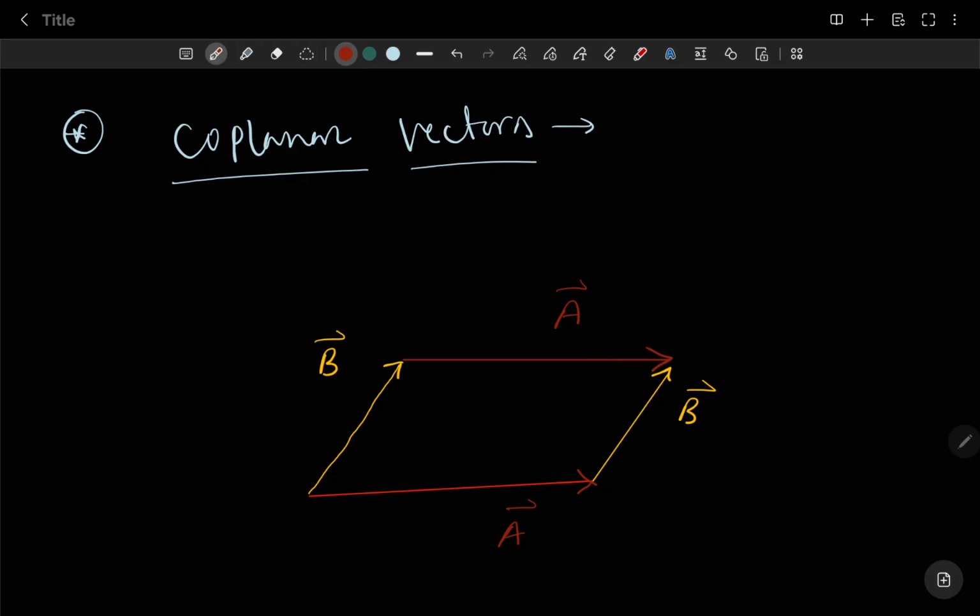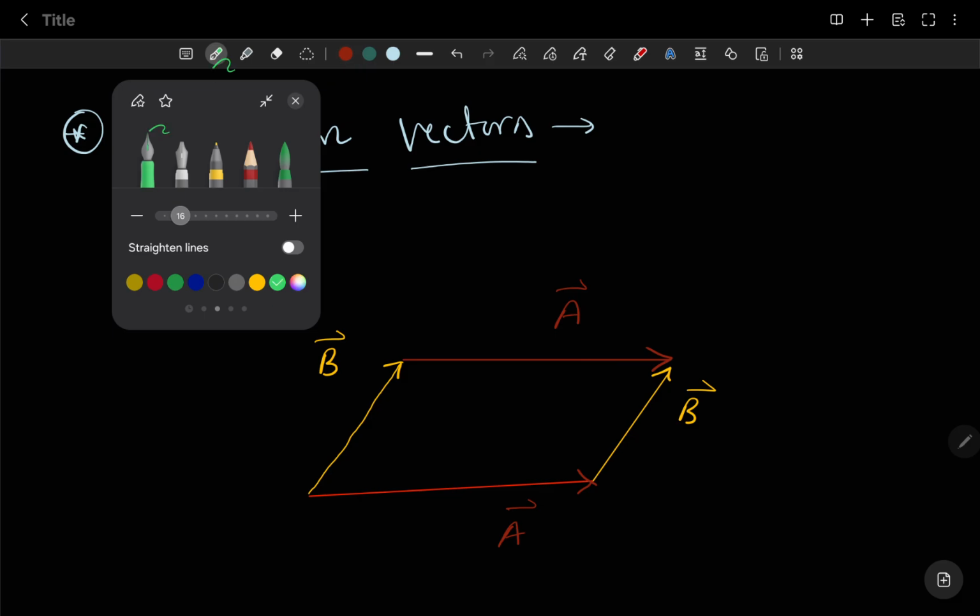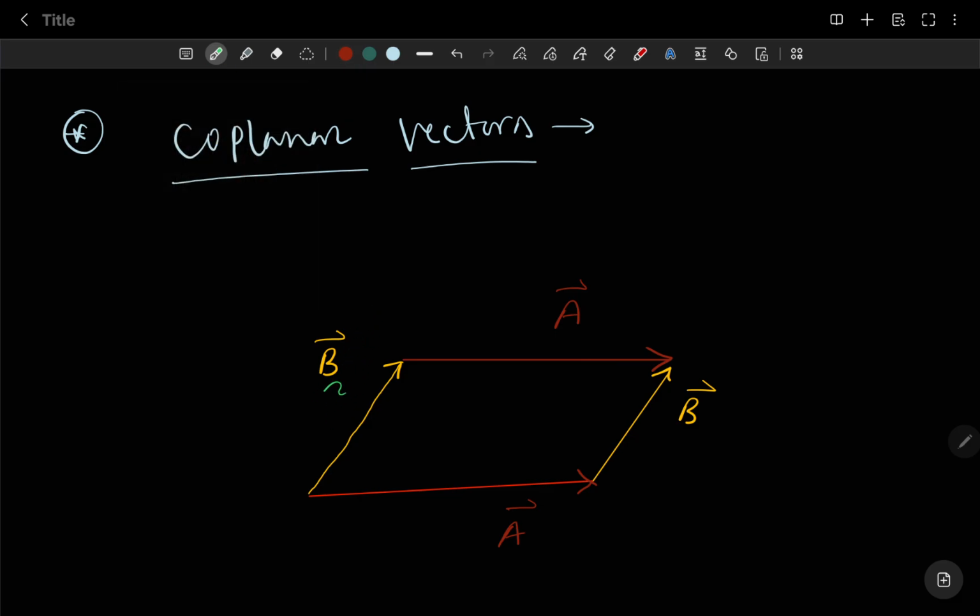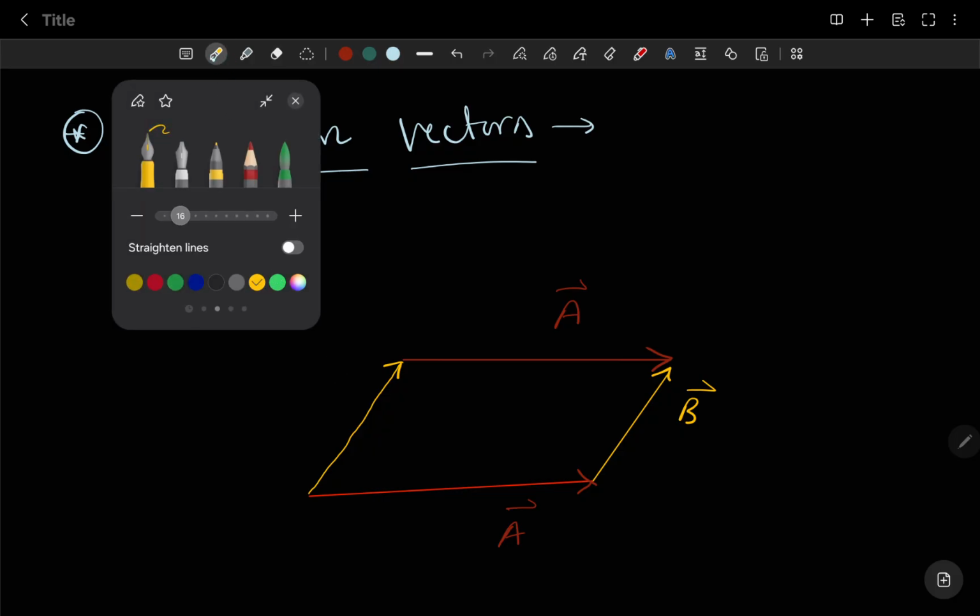Alright, now these A and B, these two vectors are coplanar. Okay, they are lying on the floor. Now let us consider a third vector which is not coplanar. It's like this. Let's make it a bit tilted. Draw B as here.